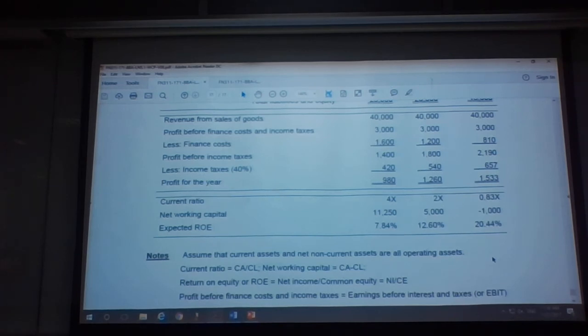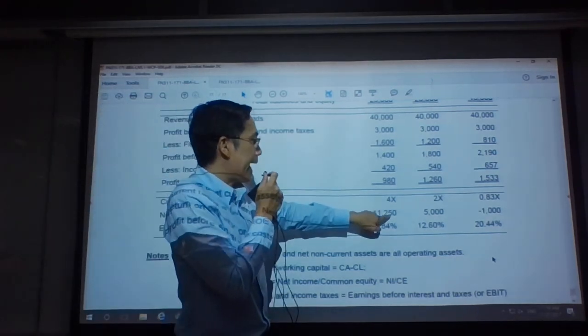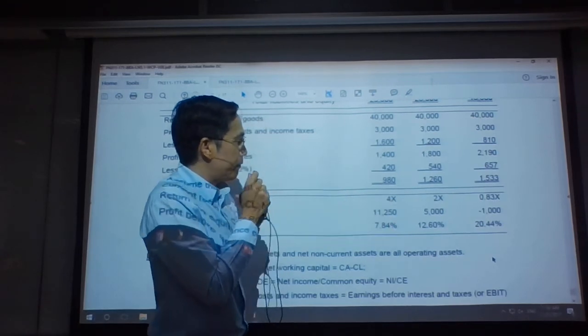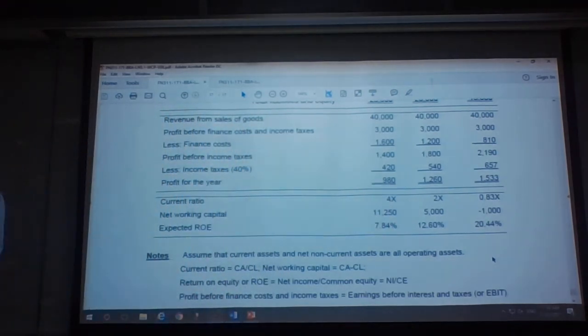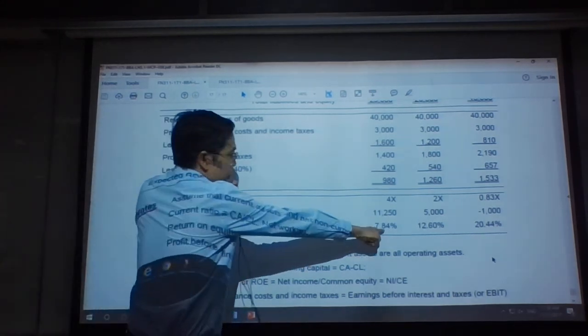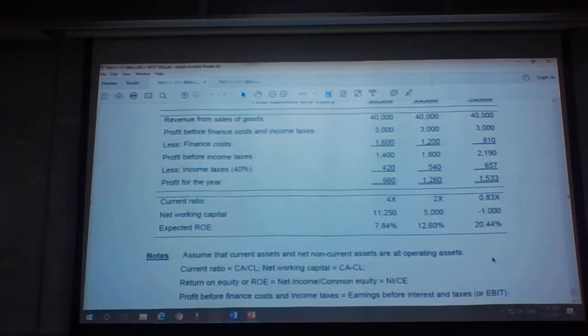Or you can take a look at the net operating working capital. The amount of net working capital is the highest. You can find the proportion between net working capital and sales. You are going to get the same thing. And for the return, you can calculate, for example, ROE or ROA.